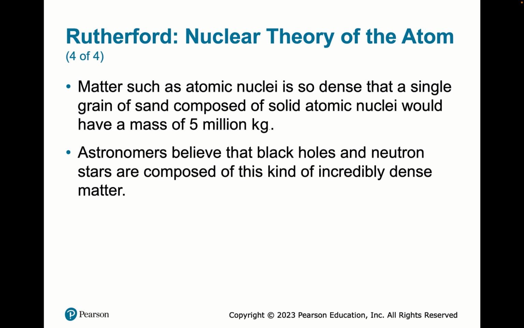So, some fun facts. Atomic nuclei are so dense that a single grain of sand would have a mass of 5 million kilograms. This is kind of taken from neutron stars. So pulsars are neutron stars, and this is about the density of a neutron star, specifically of those pulsars. Black holes are debatable.